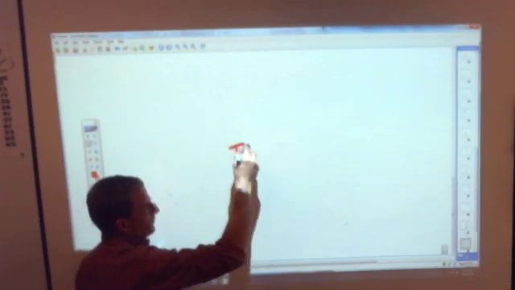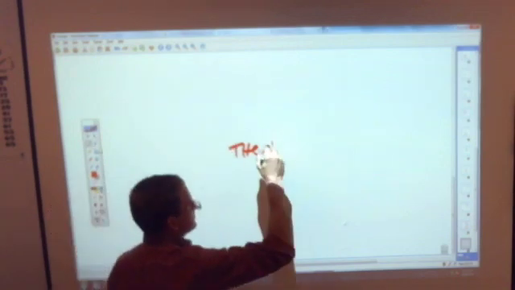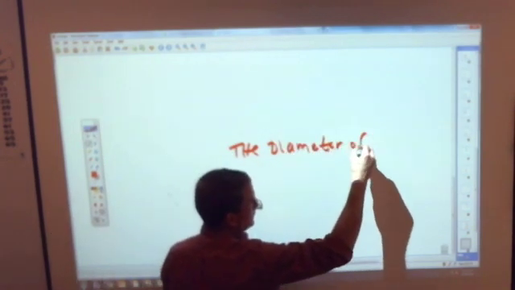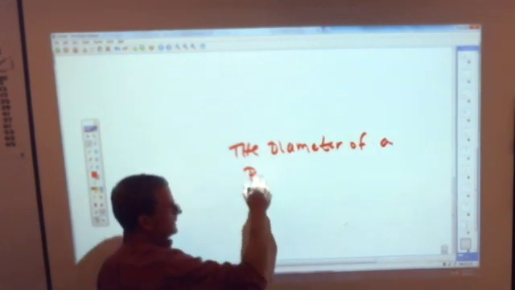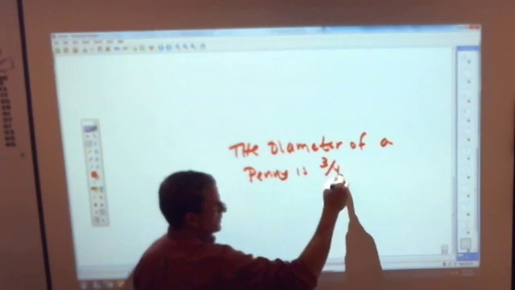Write down this story problem. The diameter of a penny is 3/4 of an inch.